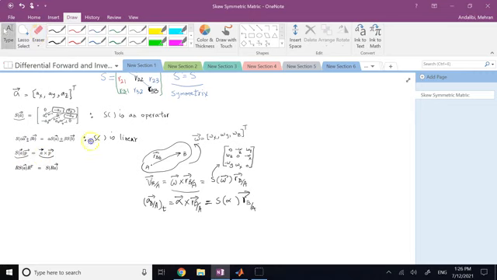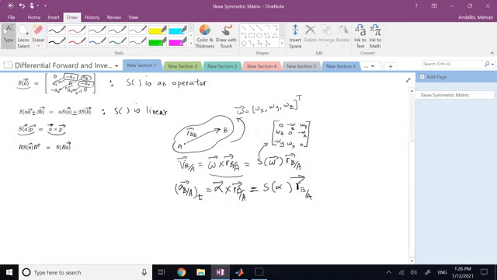Also, you can show that if you have a rotation matrix R and you multiply it by vector A, right? You know when we multiply a rotation matrix by a vector, we are taken from one frame to another.